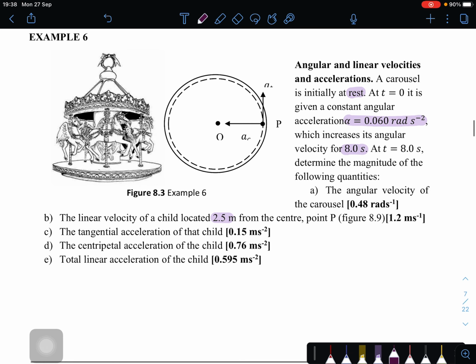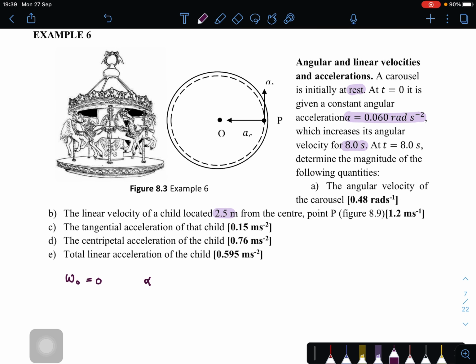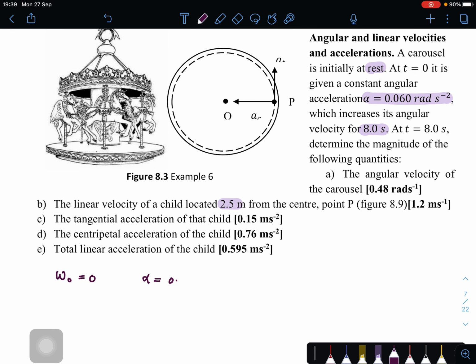Maksudnya, omega naught adalah sama dengan kosong. And then given here, at initial juga, dia dibagi angular acceleration. So just before dia start, the angular acceleration adalah 0.06 radian per second squared. And then after 8 seconds, this angular velocity will increase.